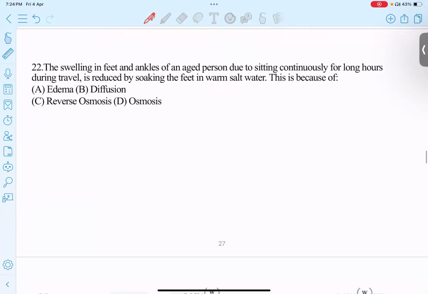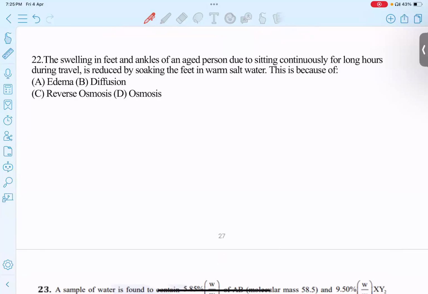Next question is question number 22. The swelling in feet and ankles of an aged person due to sitting continuously for long hours during travel is reduced by soaking the feet in warm salt water.